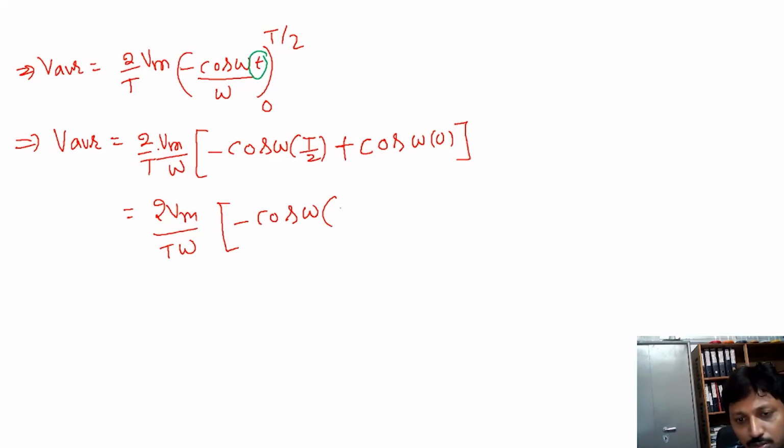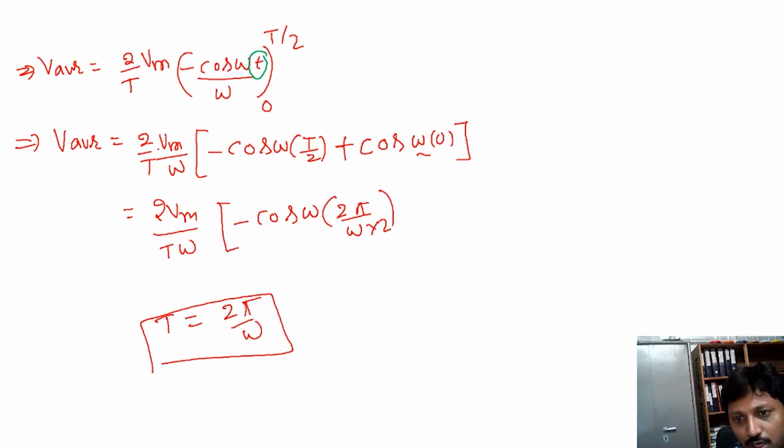For the upper limit t equals T by 2. What is the value of T? T is equal to 1 by f, or T is equal to 2 pi by omega. In place of T, I substitute 2 pi by omega. Omega into 0 is 0, so cos 0 is 1.